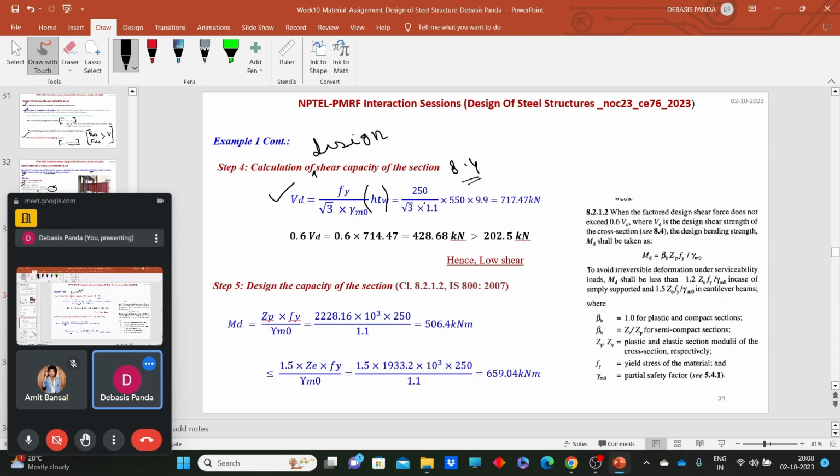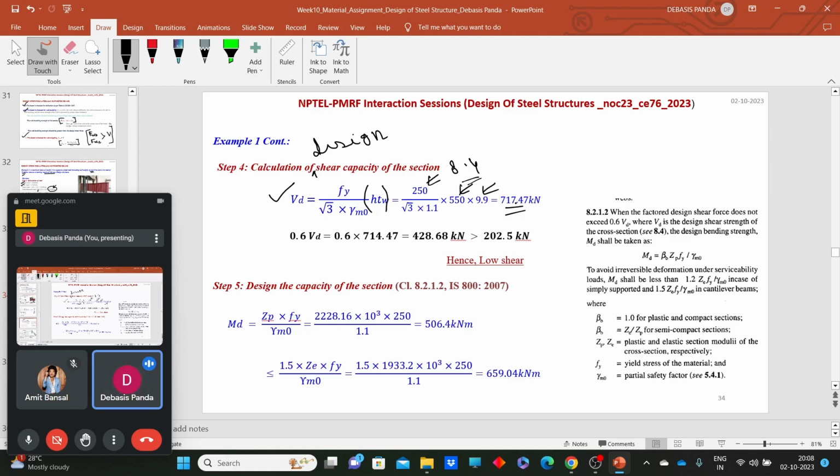So put the Fy value here, and H is the total depth of the I section we have selected. We selected ISLB 550, so 550 will be the overall depth. With TW, the design shear capacity turns out to be 717.47 kilonewton.